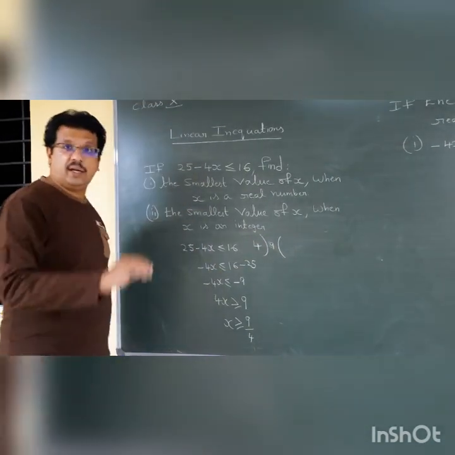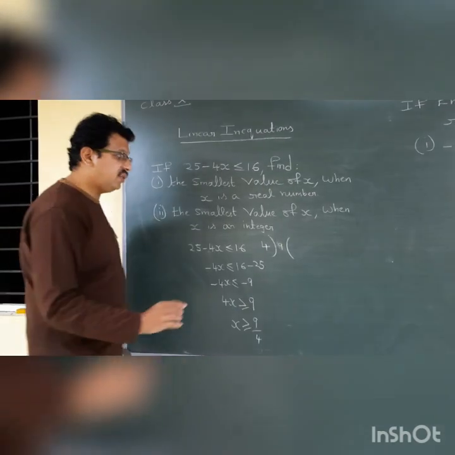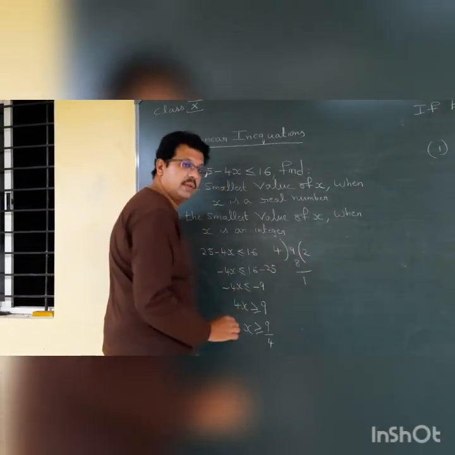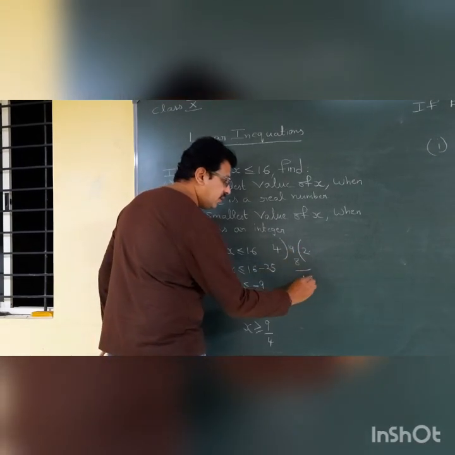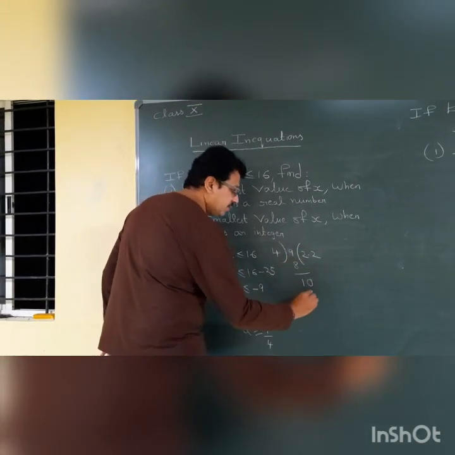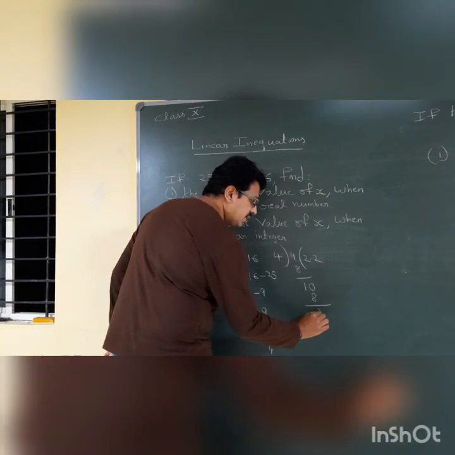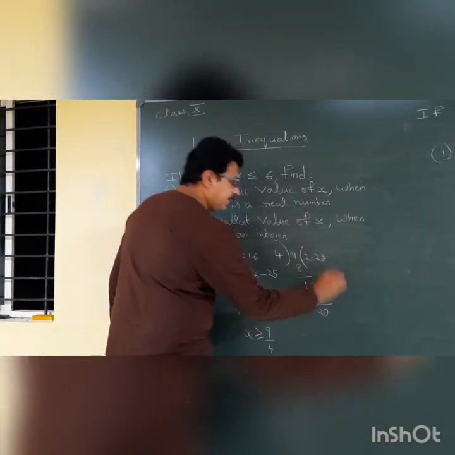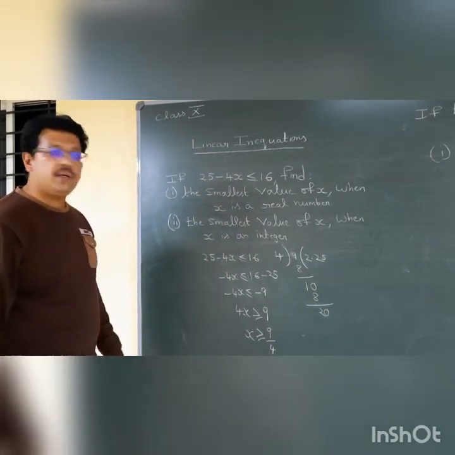Sometimes you write directly, I know that, but better to divide and see. 4 2s are 8 and 1 carry and put a point here, you will get 0. 4 2s are 8, again 2 is remaining and it becomes 20, 4 5s are 20. So it is going to be 2.25.